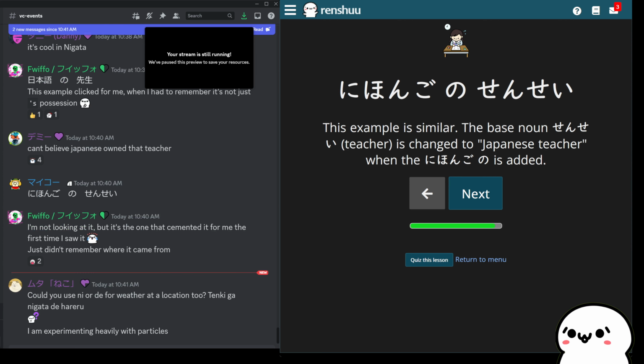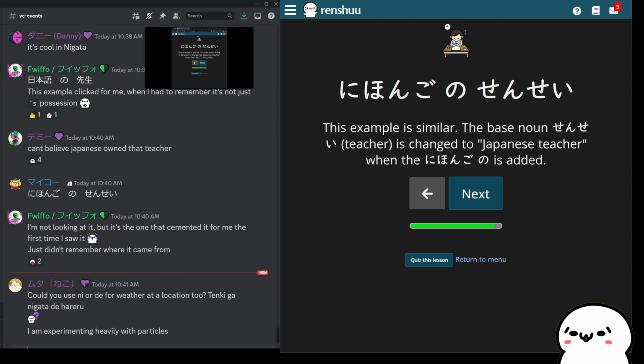Could you use ni or de for weather at a location too? You could, not the sentence that you used. Now the question they asked is stepping out a bit higher than what I call Japanese basics, because it involves combinations of particles.